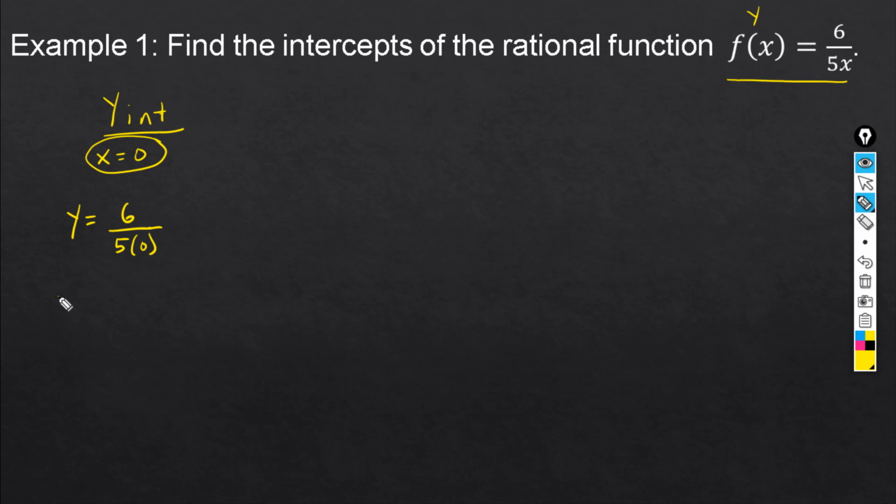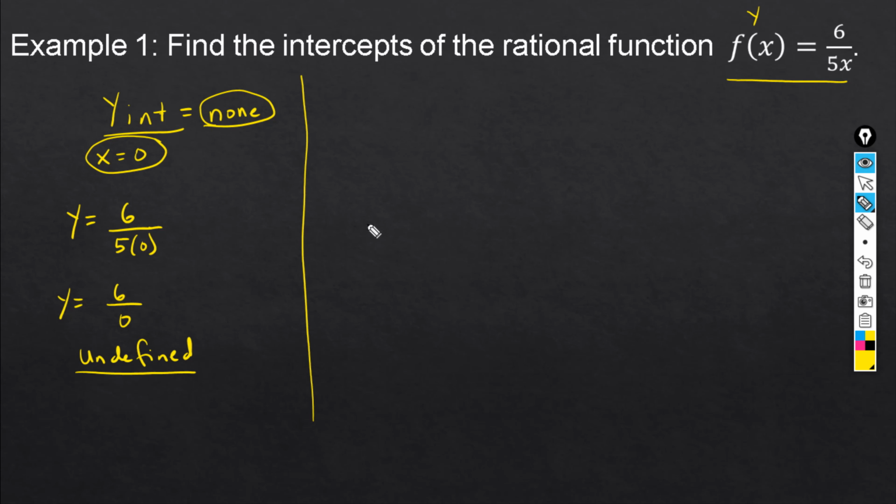Then, simplify. So, y equals 6 over 5 times 0 is 0. Kaso, 6 over 0 is undefined. So, kung undefined, yung y-intercept natin is none. Walang y-intercept. Sabihin, yung graph natin, hindi mag-intersect sa y-axis.